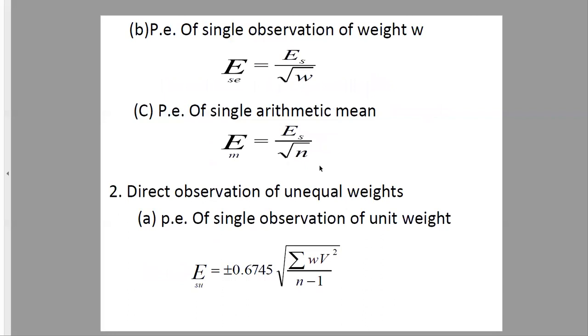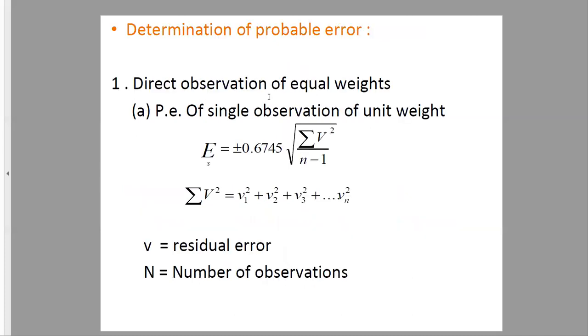Similarly, for probable error of single observation of weight W. So we were discussing that if the 100 feet value repeats itself 3 times, then for calculation of probable error of that particular observation, we'll calculate using this relation first, ES.